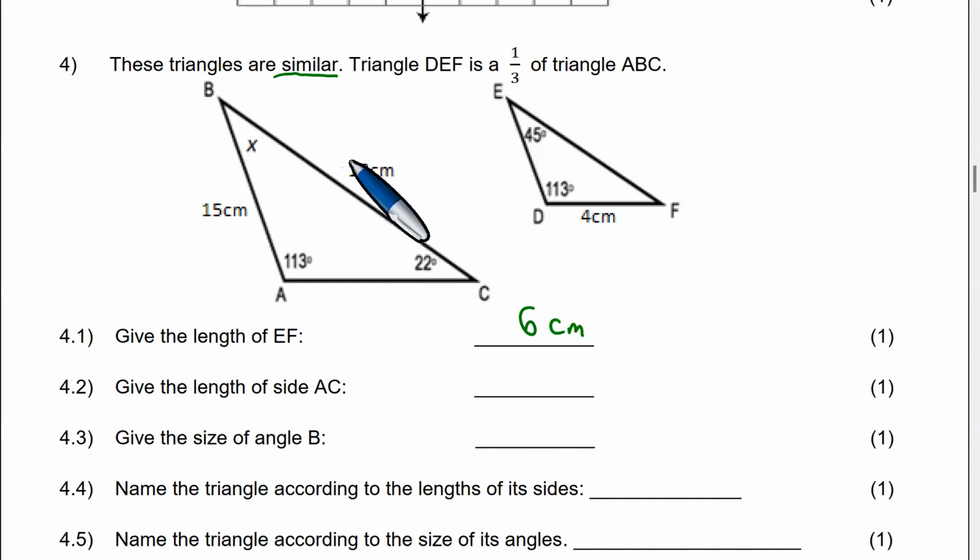Because it's 1/3. So you divided 18 by 3 because it's 1/3 of triangle ABC. 18 divided by 3 is what? It's 6. That's why it's 6. Okay. The length of AC.